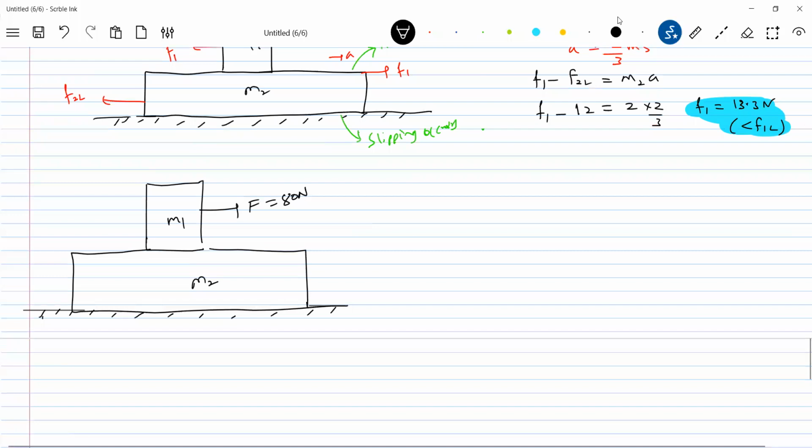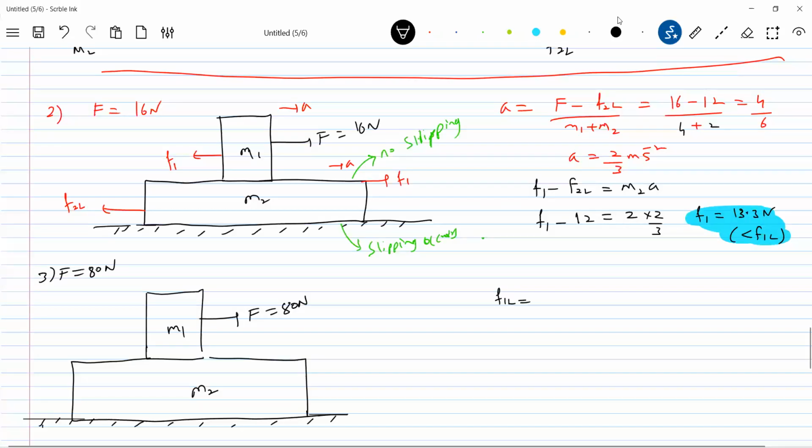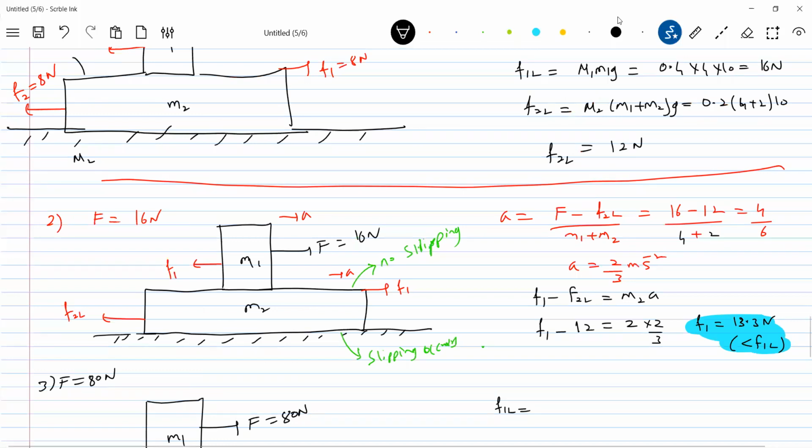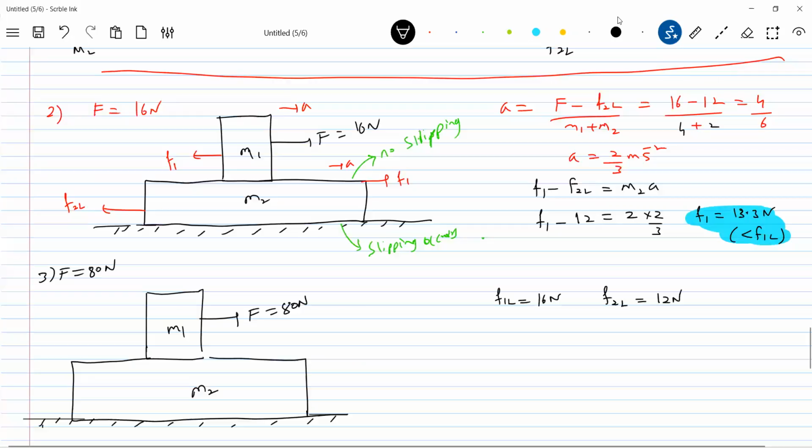Third case, applied force 80 Newton. What do we have to do here now? So what were our values of F1L? The same thing. F1L was equal to 16 Newton. I'll keep it in hand. And F2L was equal to 12 Newton.